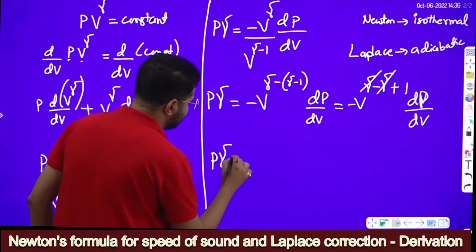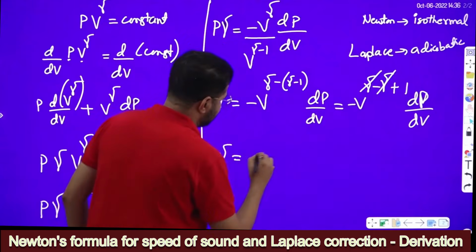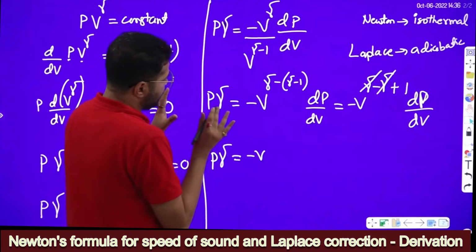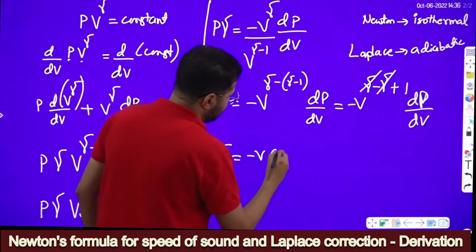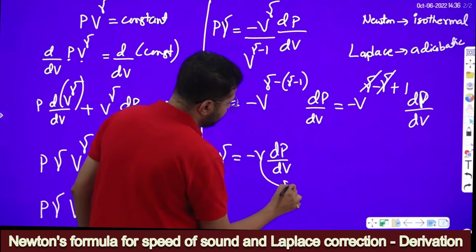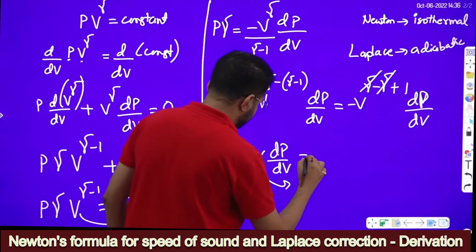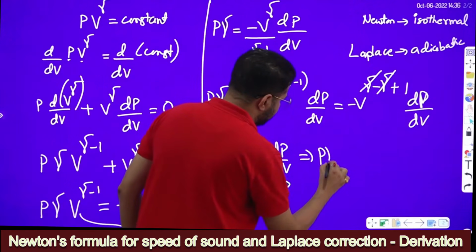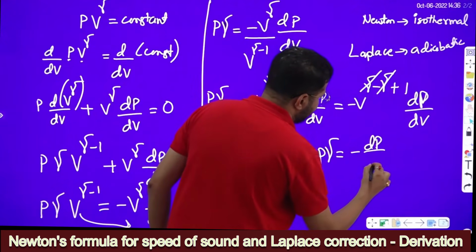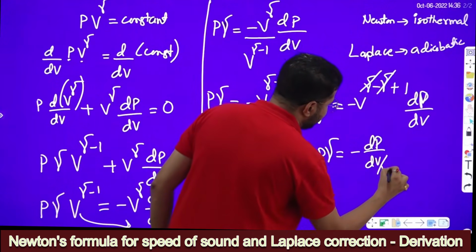P gamma, I will just write it once again. It is minus v power 1, which we can neglect, into dp by dv. Now, what we will do? We will bring this v to the denominator. So, this implies P gamma is equal to minus dp divided by dv by v.